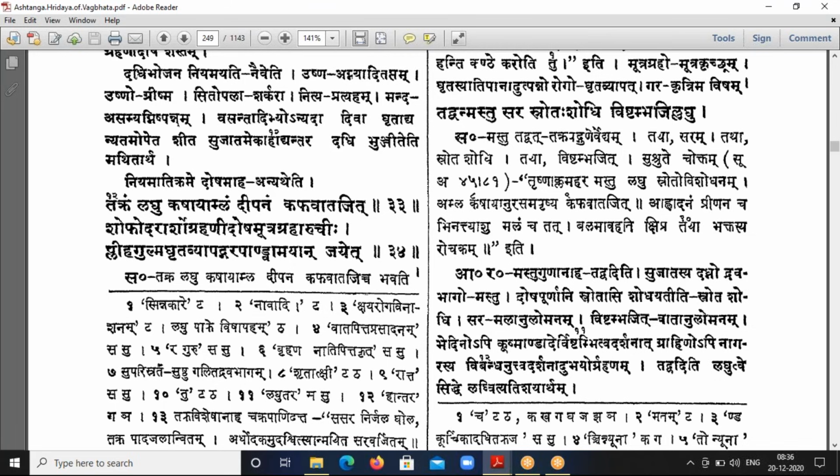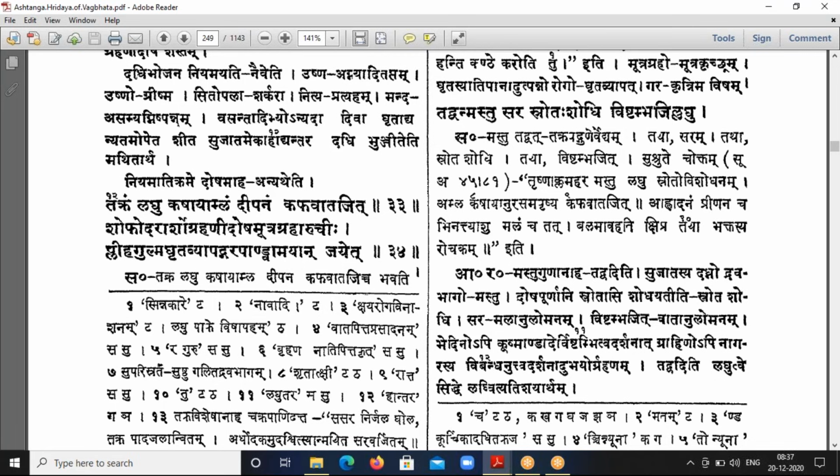These days the practice of making takram has become very rare because we will be purchasing maybe 1 or 2 covers of packed milk, and that will be consumed most probably as milk itself. And if at all some of the milk is there in excess, that will maybe be curdled, but that will not be sufficient for using this churner and everything. So it will be used as such, like an anudhrita sneham, and you cannot expect this sort of rukshana property for that type of anudhrita sneha takram.